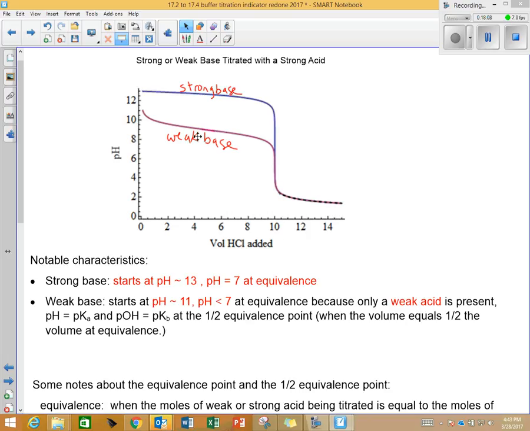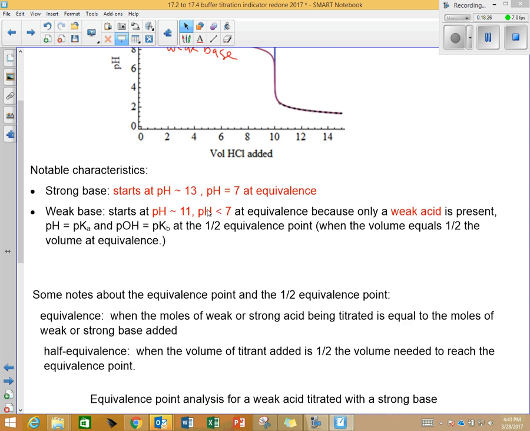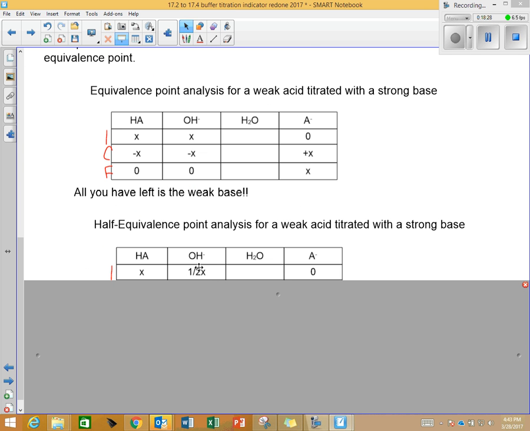So at equivalence, the moles of the weak base or weak acid are equal to the moles of the strong base or strong acid added. When you've added half as much, you're at the half equivalence point, and you have half as many moles of the strong base or strong acid as weak acid or weak base that you started with.